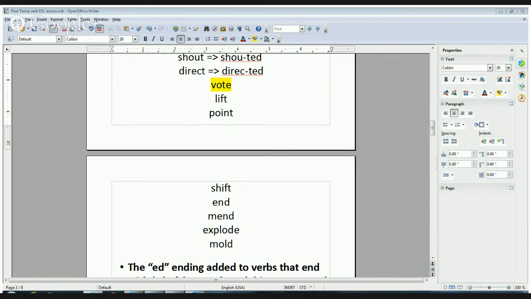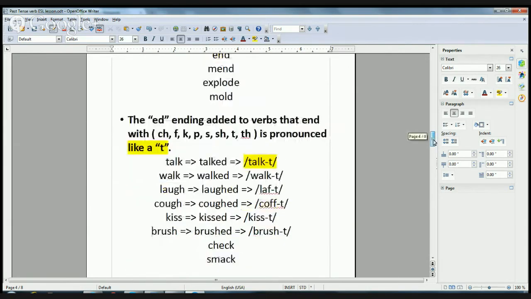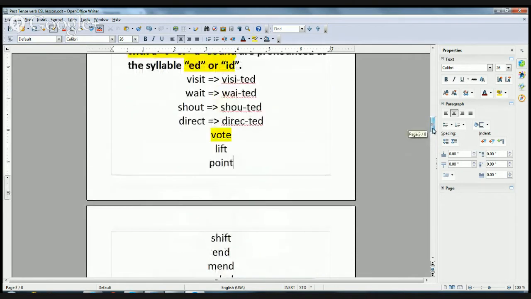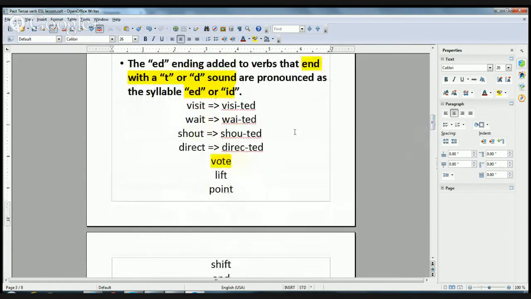Very good. Okay, do you have any questions so far about the pronunciation of the ED endings? No questions. I have a question, if I may. This rule is when the ending of the verbs is a T or D sound, is that correct?